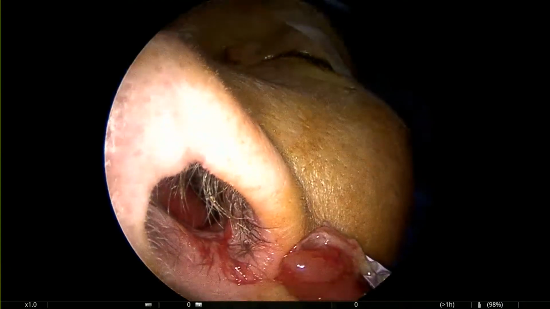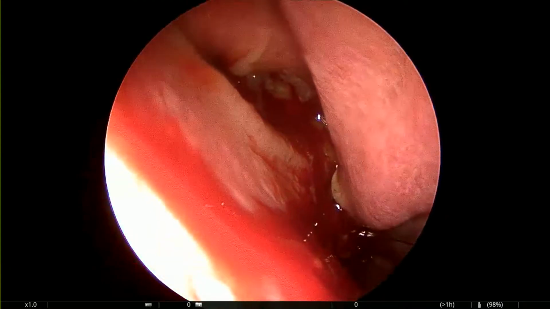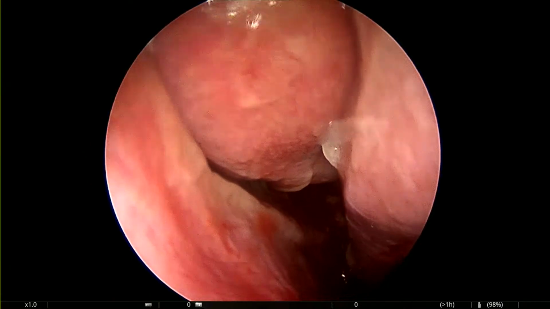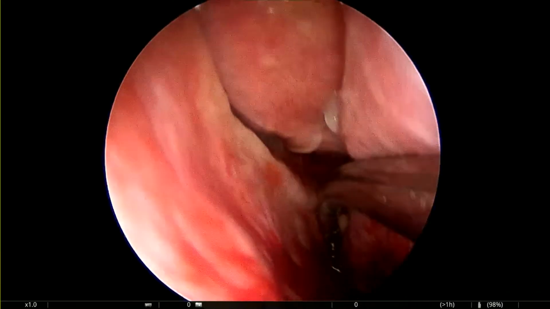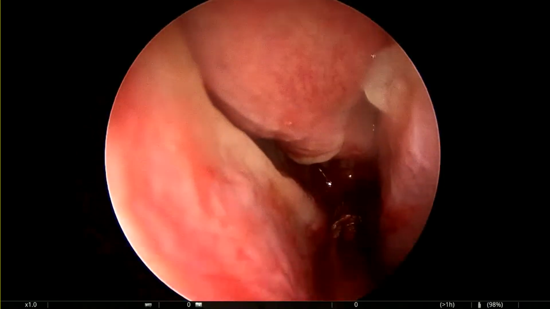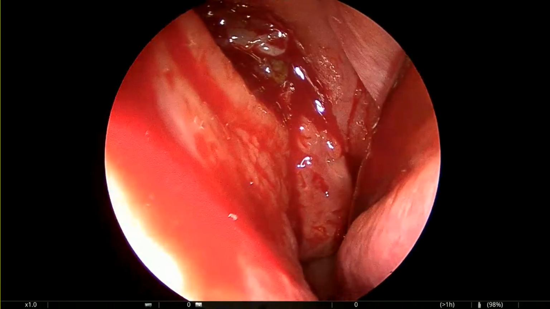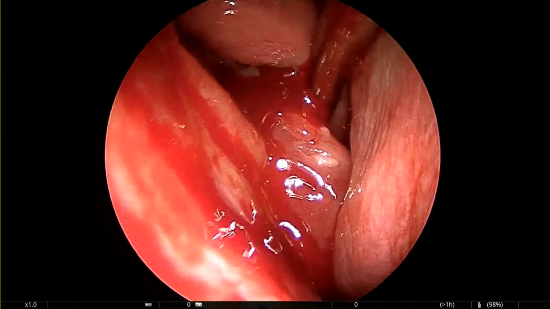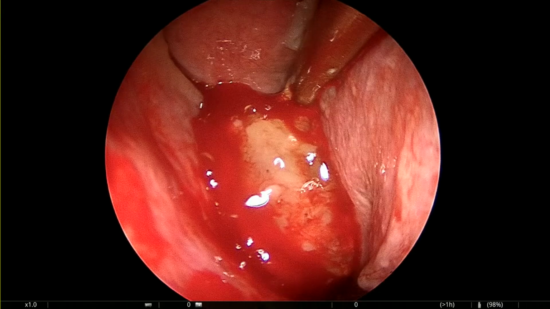Okay. Look. It remains this part of the polyp. Yes. Good.